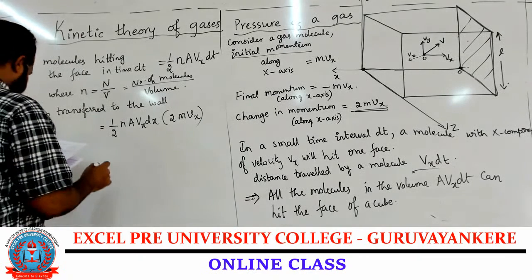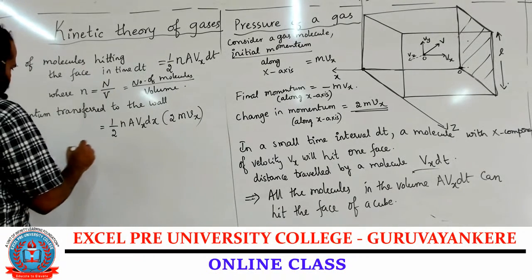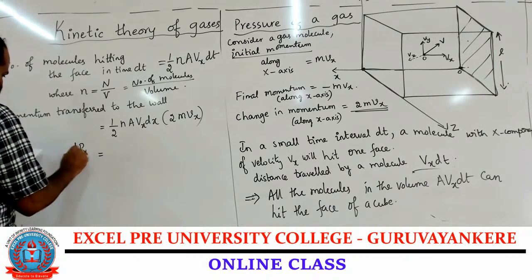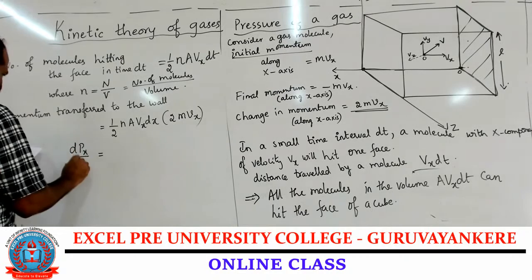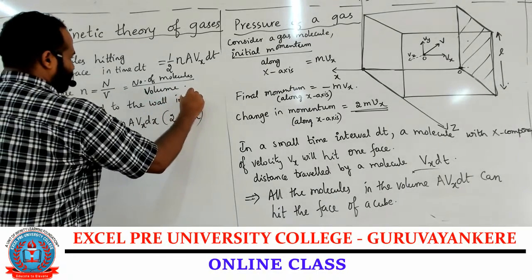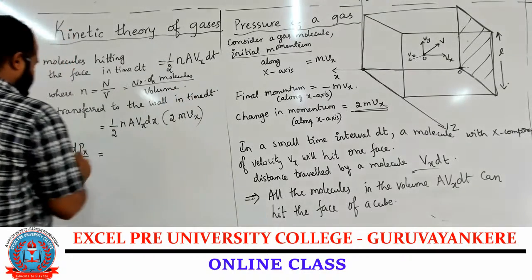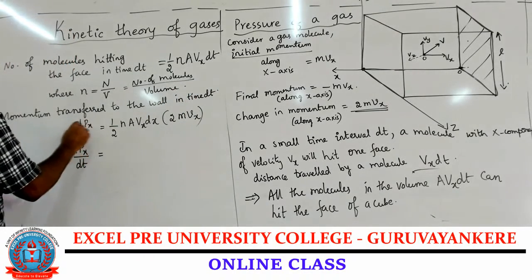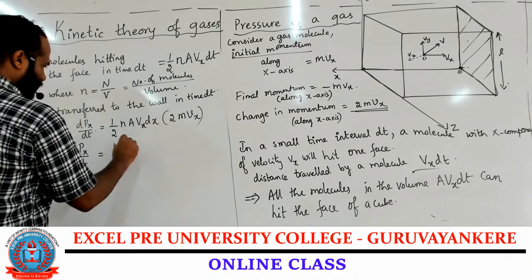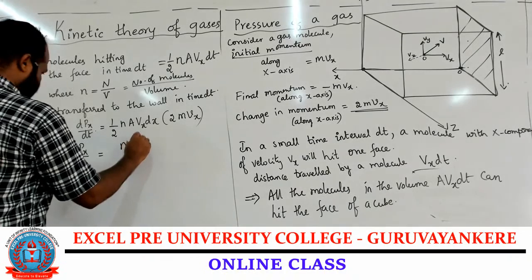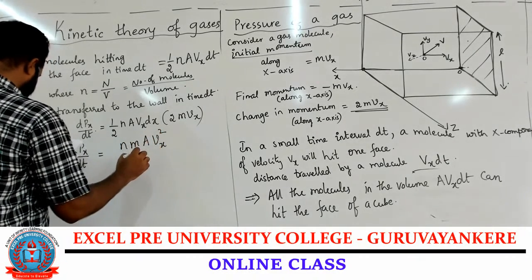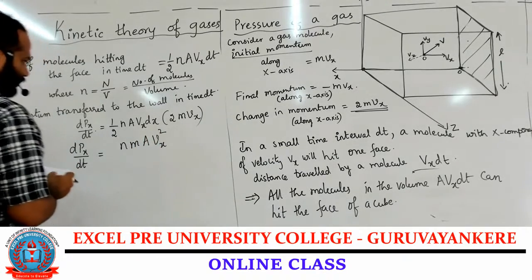So what happens now? 2 m Vx. So the momentum transferred along x-axis, dpx by dt, in time dt, it will be n m A Vx square.